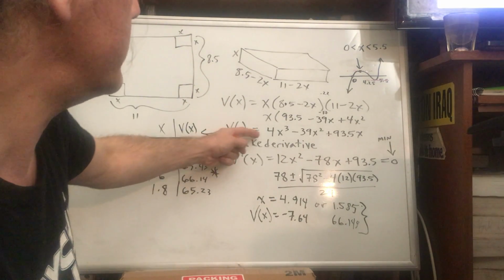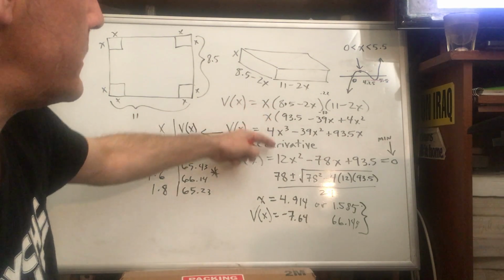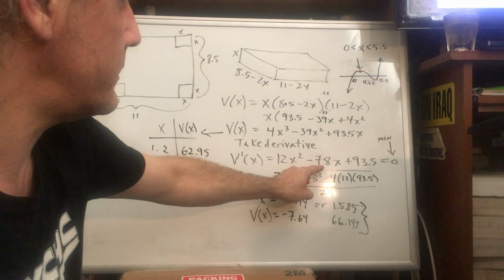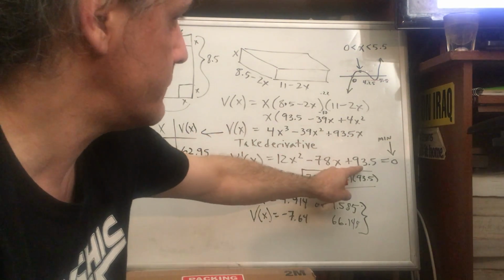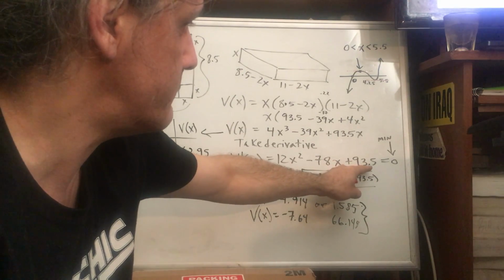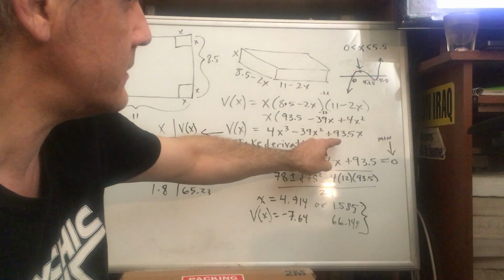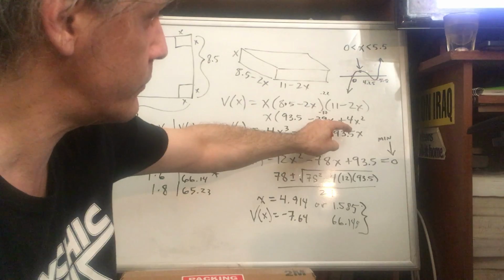So take the derivative, remember the power rule, 3 times 4, subtract 1 from the exponent. 2 times 39, subtract 1 from the exponent, and then this is a linear term, so the slope 93.5. You could think, 1 is the exponent times 93.5, subtract 1 from the exponent, you get x to the 0 power, which is 1.